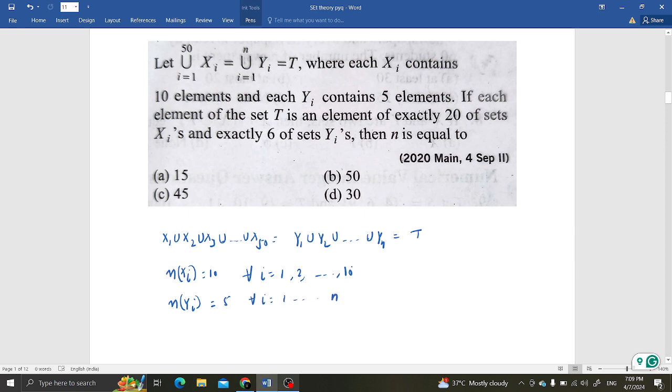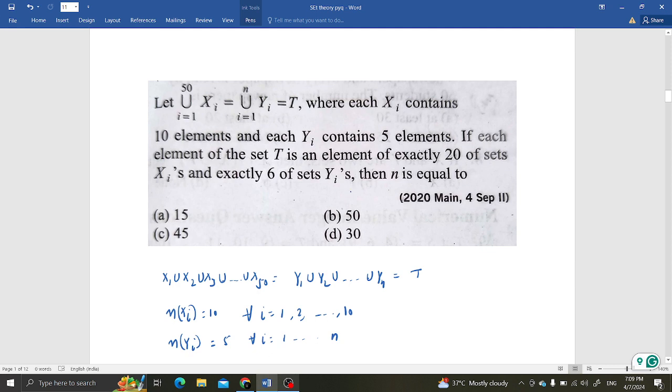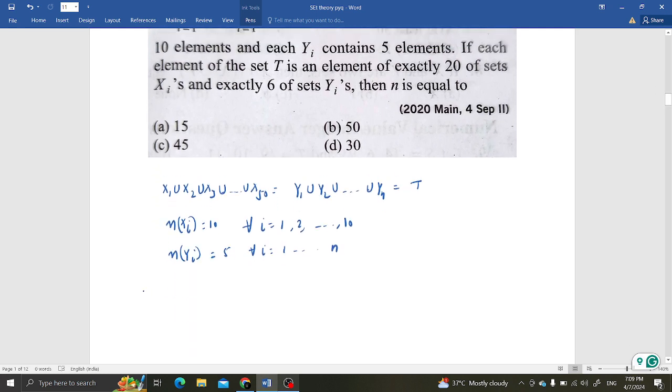First of all, I'll read the complete question. Each element of the set T is an element of exactly 20 sets of Xi's. It implies that each small t belonging to capital T is an element of exactly 20 sets of Xi's.